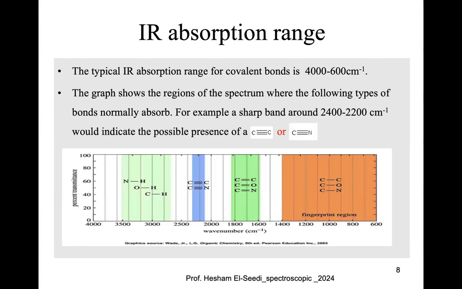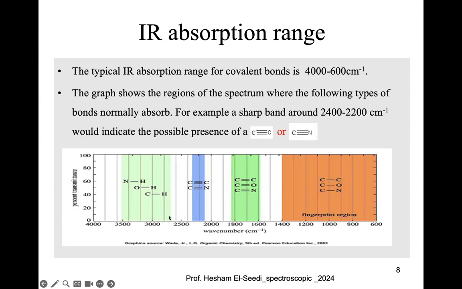What do you expect about a triple bond? It will be higher. That's why it is between about 2,100 to 2,300, and this is very logical. So increasing the wave number in centimeter minus 1 means going from sigma bond to double bond to triple bond.